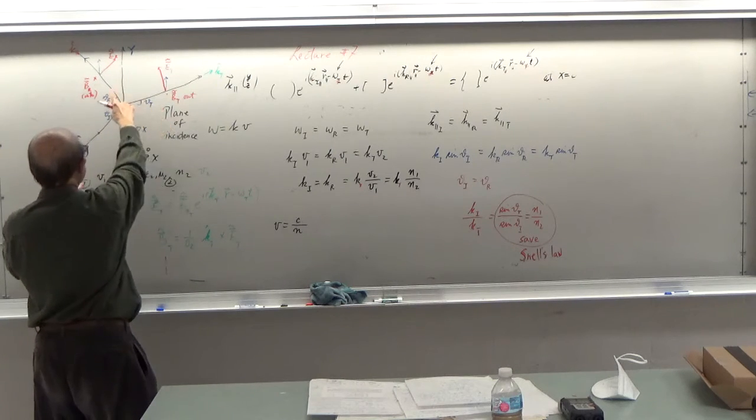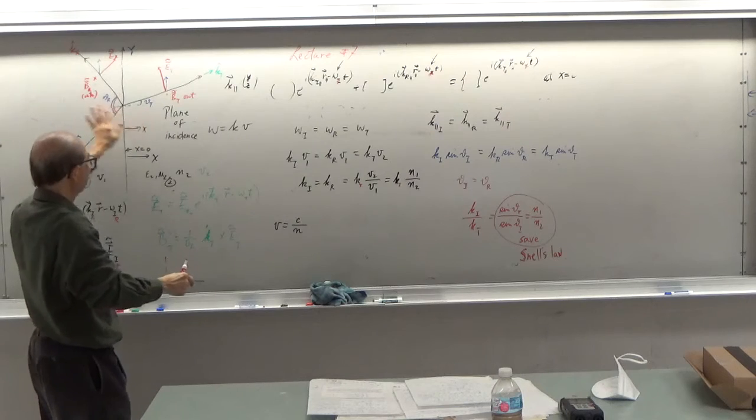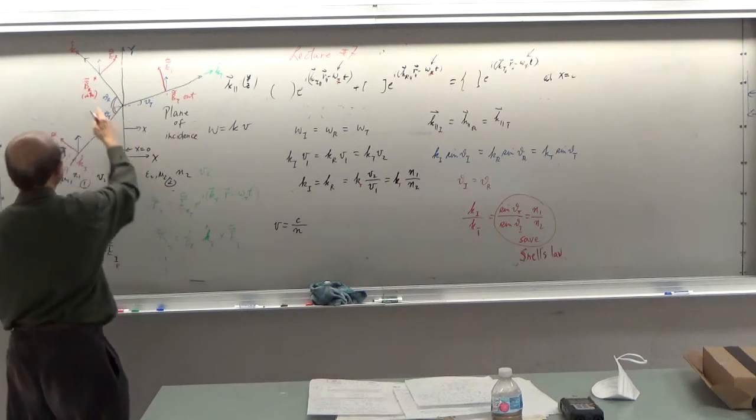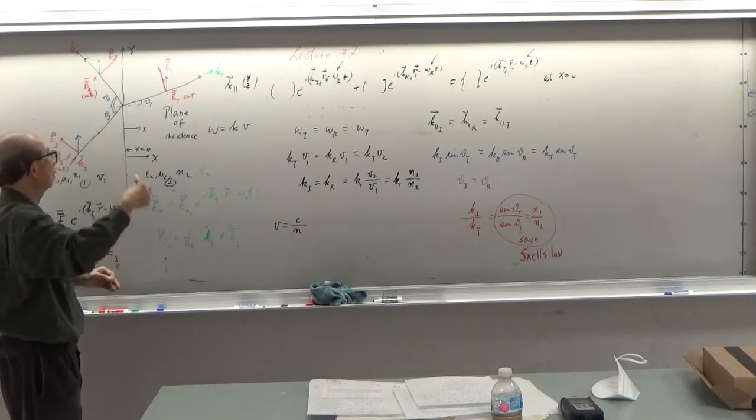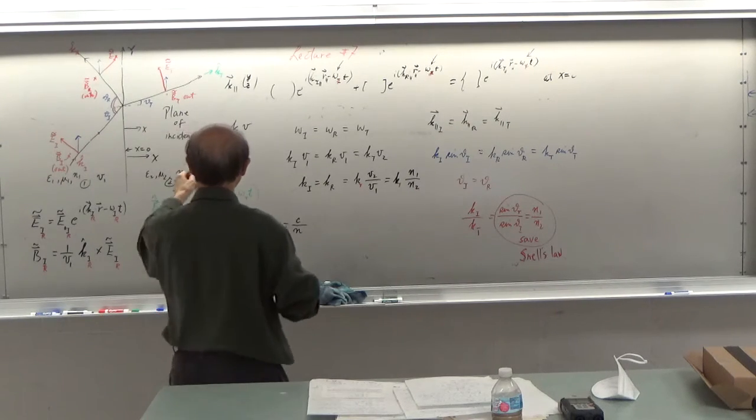So all the electric field vectors are in the plane of incidence, the XY plane, and all the magnetic fields B are perpendicular to the plane of incidence. Let's talk about that case.